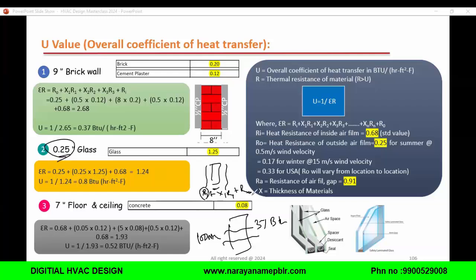The R inside or outside value, the thickness is 0.25, and the resistance of glass is 1.25. If you add, you will get the U value: U is equal to 1 by summation of R. Clear? Yes, sir. Okay.